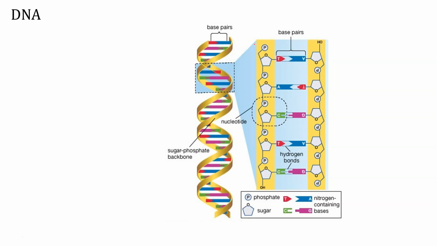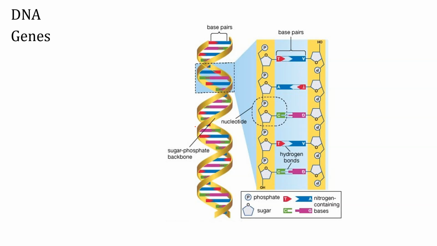On the left hand side, we can see that the oxygen atom in this sugar molecule is facing this way, but the oxygen atom in the sugar molecule on the other side is facing the opposite way. This is known as anti-parallel when the strands run in these different directions. And that feature of it being anti-parallel is going to pose some interesting dilemmas regarding how this whole molecule is replicated, but we'll talk about that in a minute.